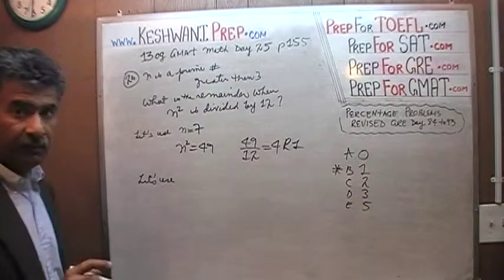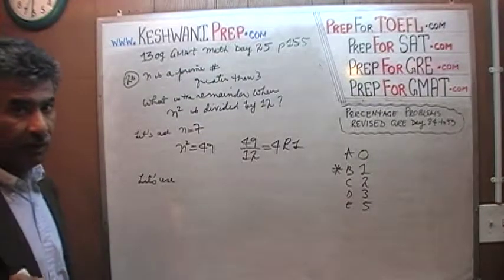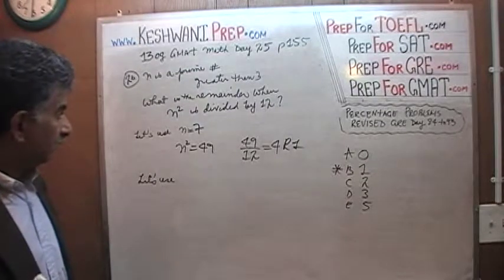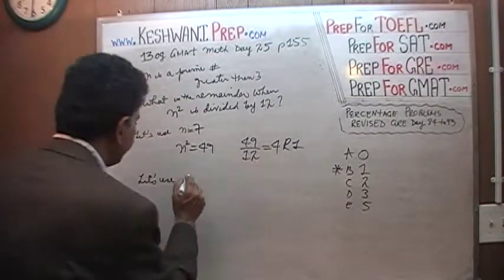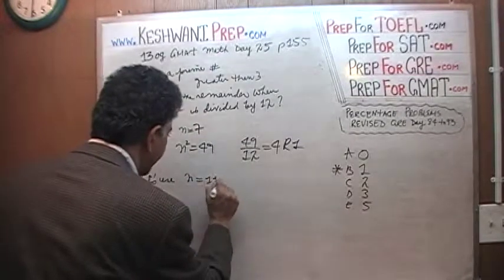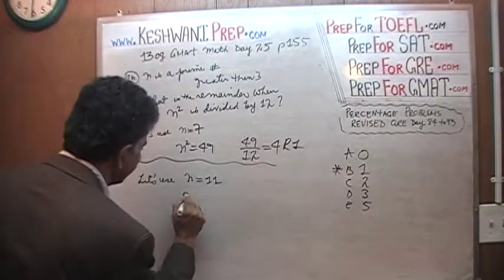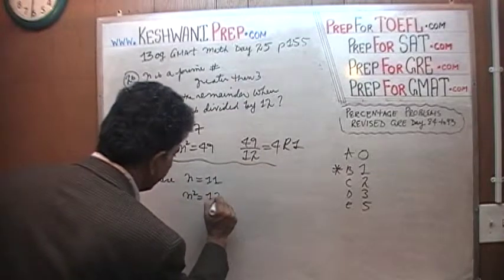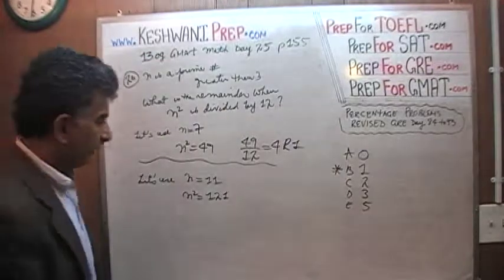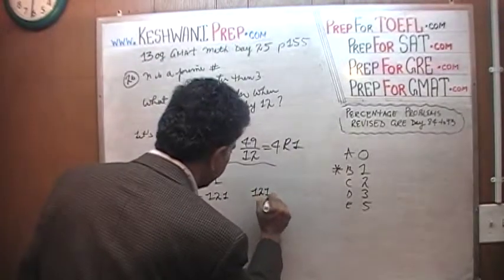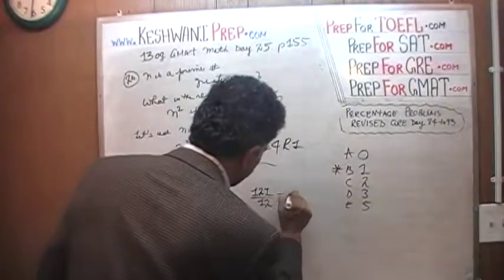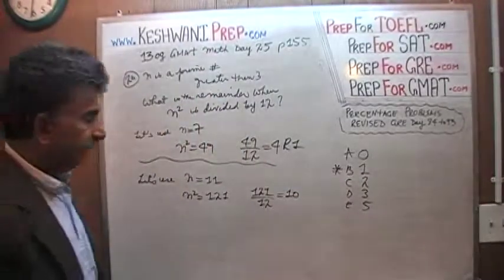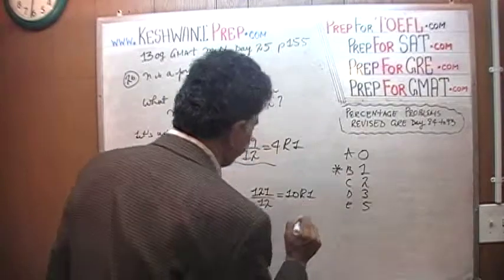Let's use 11. 11 is a prime number. 11 squared is 121. What do you suppose would happen if we divide 121 by 12? Well, 10 12s are 120, with the remainder of 1.